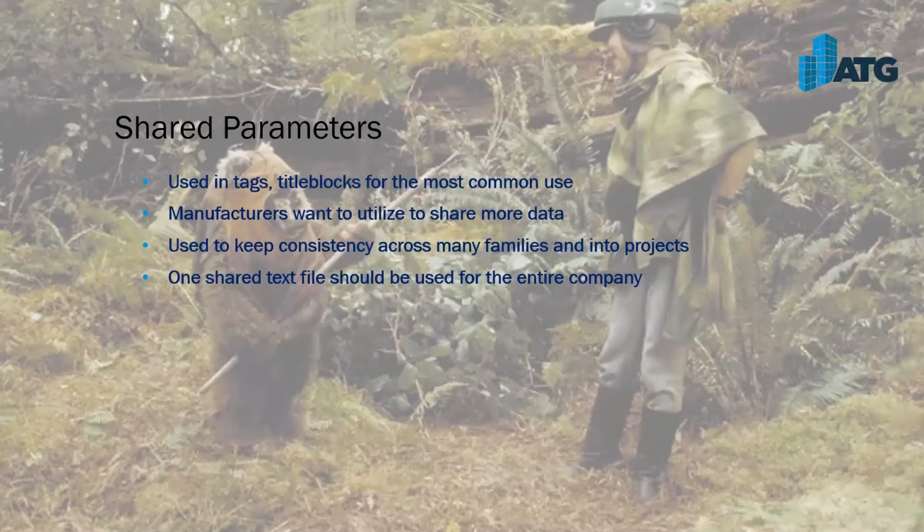You'll see that manufacturers obviously want to utilize and share more of their data. When you download any type of manufacturing data, you take a look at all the parameters. You typically see quite a few parameters specified within there. And for some, the manufacturer will typically give you their shared parameter.